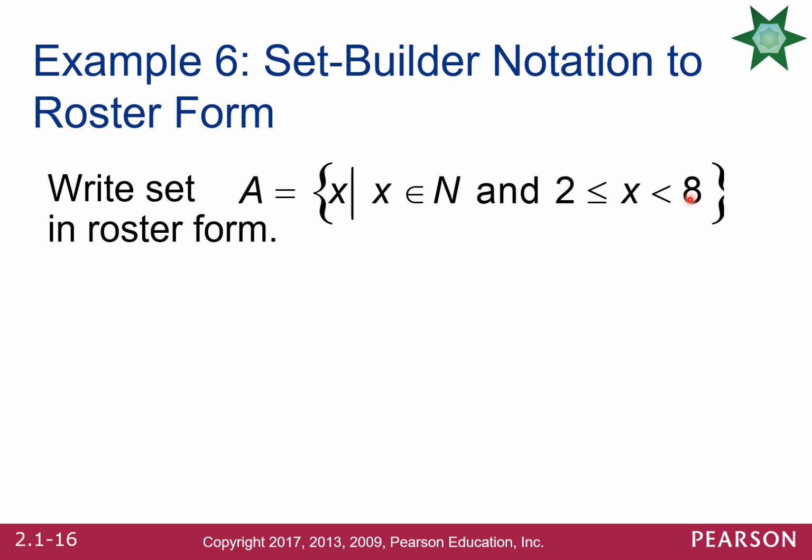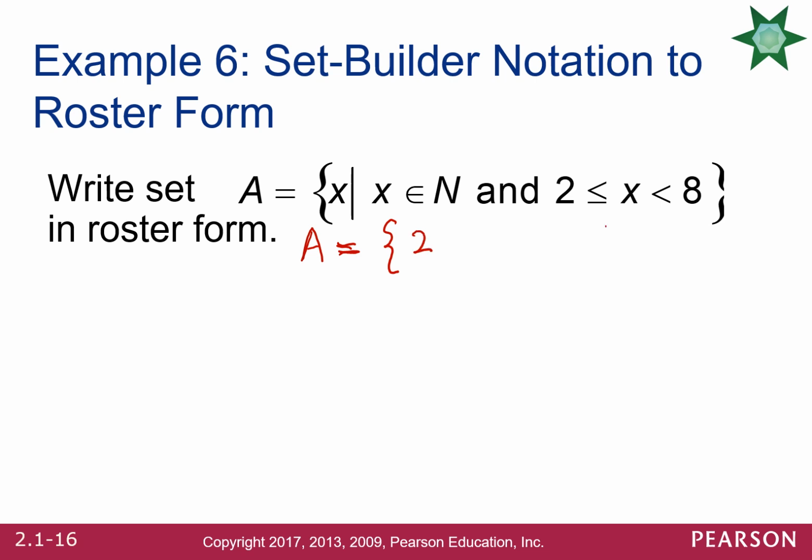That means 8 is not included in the set. All right. So when we have to write this in roster form, we start with A equals, and then open braces. So what numbers do we put as elements in the set?